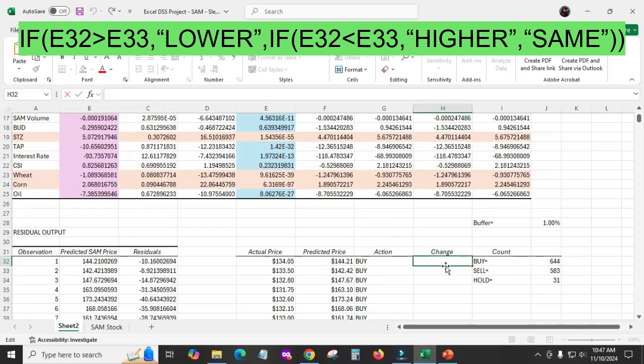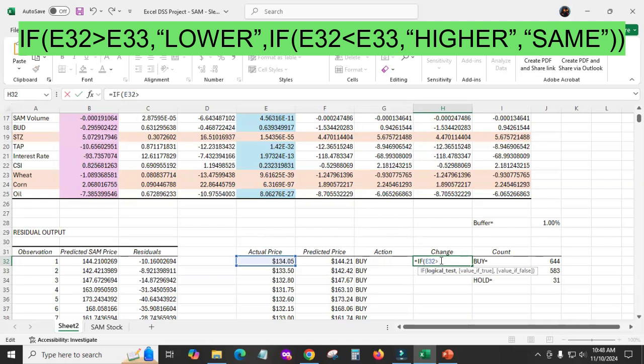In cell H32, you're going to type the equal sign. We're going to start our first if statement: IF, parentheses, E32. That's July 3rd, 2017.